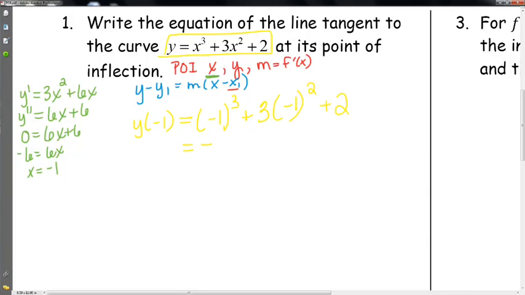That's going to give me -1 plus 3 plus 2, and that is 4. So there's my y-coordinate.